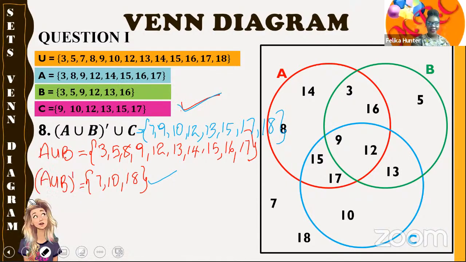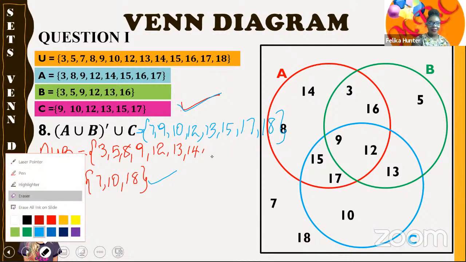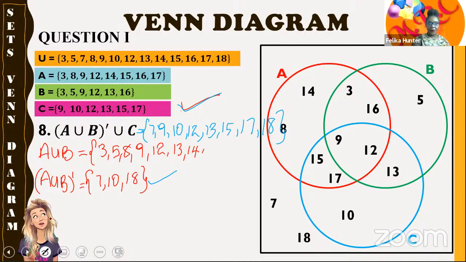Yes, Merlin? You can do that one over, Miss. The entire question? The A union B complement, the top one in blue. Okay, all right, let me just write back these numbers. 16, 17.